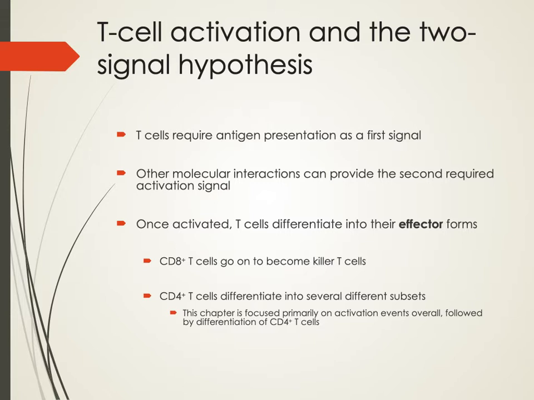So they would be cytotoxic. And then you would have CD4 T cells that could differentiate into different subtypes, like your helper cells, like your memory cells.